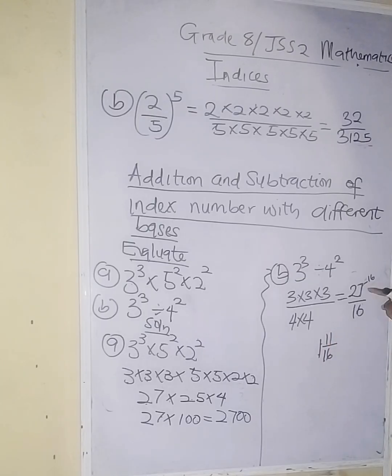Alright, so 27 divided by 16 will come once. Then this 16, this denominator, you bring it down here. So 16 times 1 is 16, because we want to know what the numerator will be. So we subtract 16 from 27. We get 11. So that is how to solve a question like this. Thank you. We are moving to another aspect now.